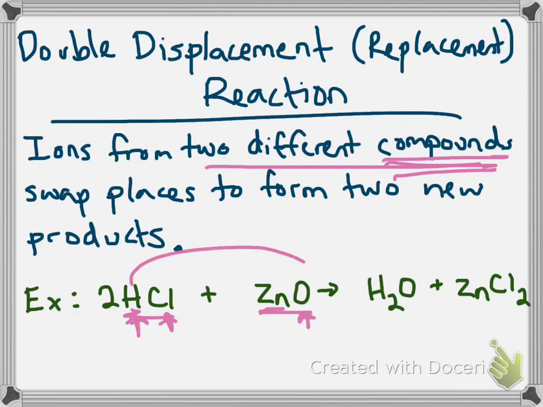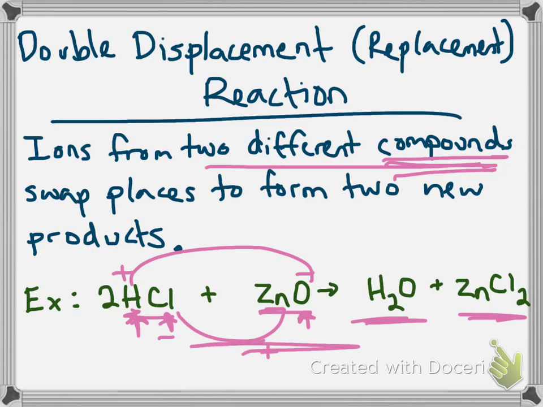So hydrogen bonds with oxygen, the positive and the negative attract, and chlorine bonds with zinc, the negative and the positive attract. So now we have water and zinc chloride. So 2 things have swapped.